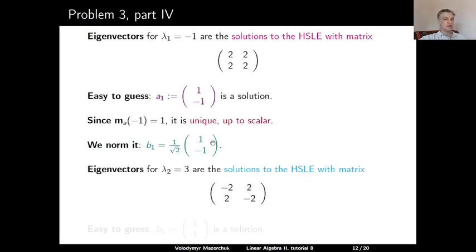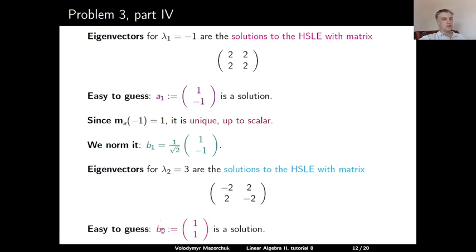We have also the second eigenvalue, 3, and the eigenvectors for this eigenvalue are the solutions to the homogeneous system of linear equations whose matrix we get if we take the matrix of the quadratic form and subtract 3 on the main diagonal. And this gives us the matrix minus 2, 2, 2, minus 2. And here it's easy to guess that the vector (1, 1) is a solution, because the sum in each row is 0.